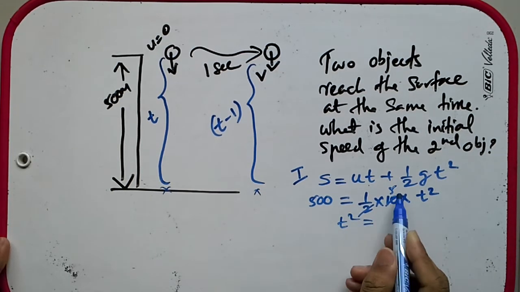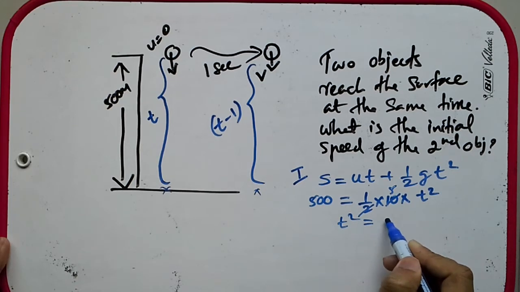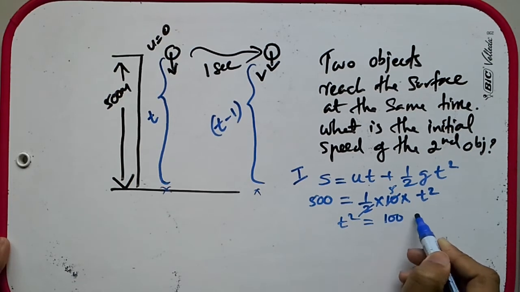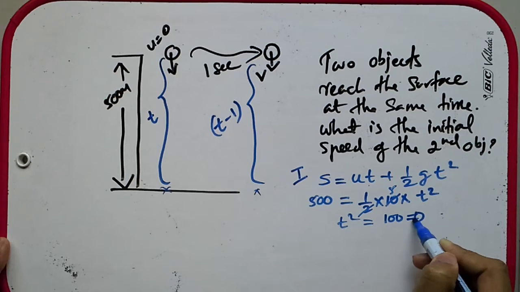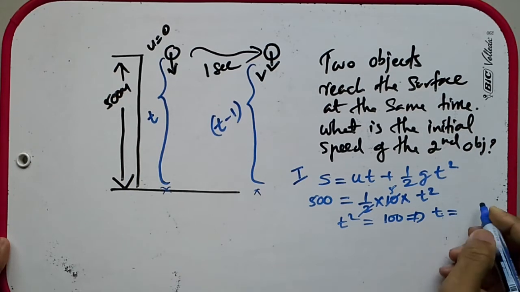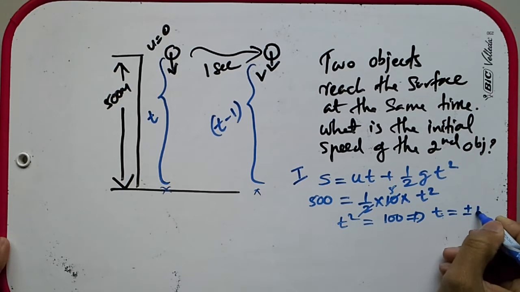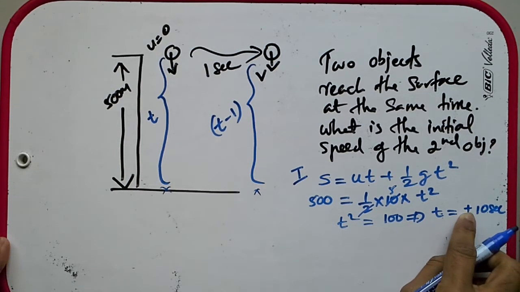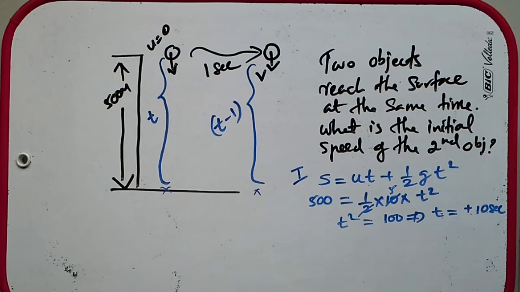So t squared is equal to 500 divided by 5, which means 100. From here I can find t is equal to plus or minus 10 seconds. But remember, we can omit the minus sign because time cannot be a negative quantity, time is always positive. So the answer is 10.